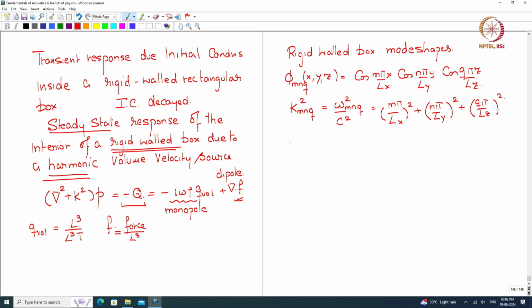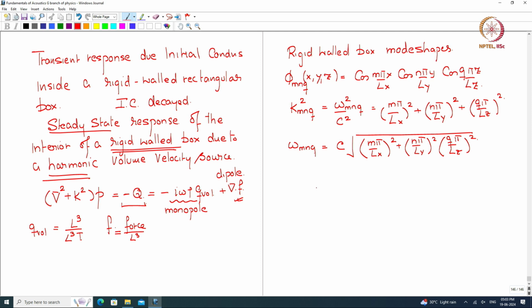So that omega mnq is equal to c square root of m pi by Lx whole squared plus n pi by Ly whole squared plus q pi by Lz whole squared.